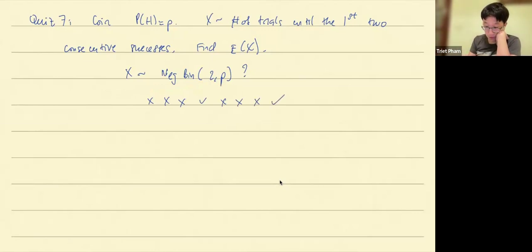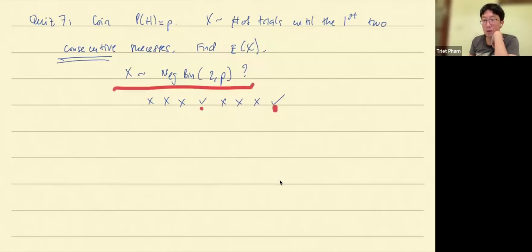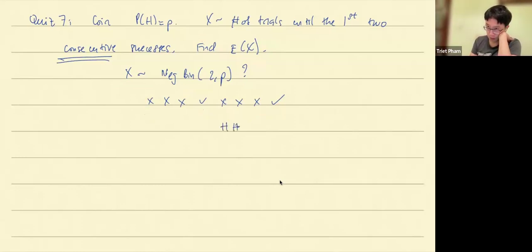But these 2 successes do not have to be consecutive. That's a key word here: consecutive. So in other words, if you look at negative binomials, then besides the 2 successes, everything else is failures. On the other hand, what we're looking at here is whatever it is that somehow has 2 heads next to each other, the first time.